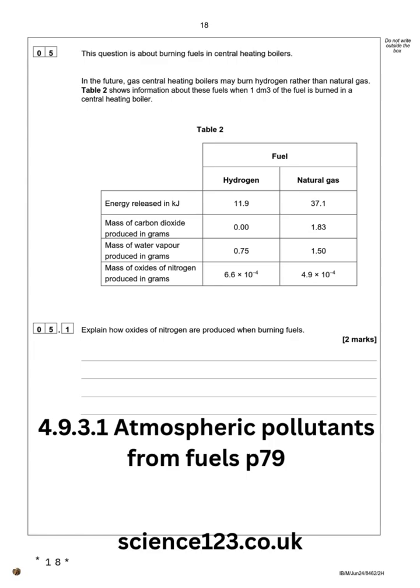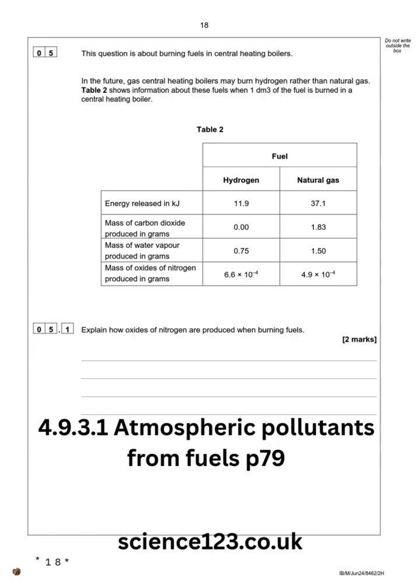It doesn't tell you anywhere in that question what natural gas is. And the only reference in the specification is about how natural gas is formed. So you might not necessarily have even learnt what is in natural gas. So that is going to be a bit of an obstacle to some of you when answering this question.